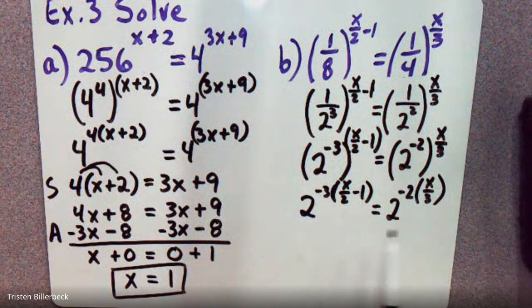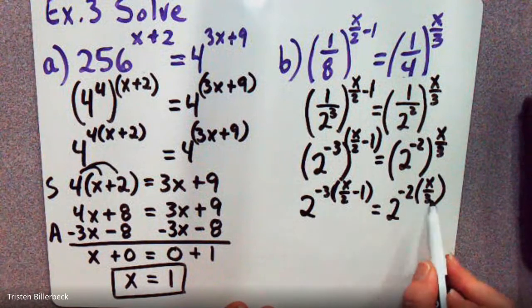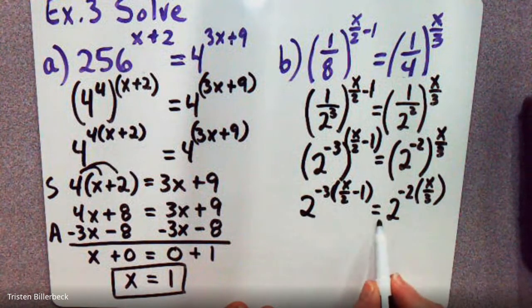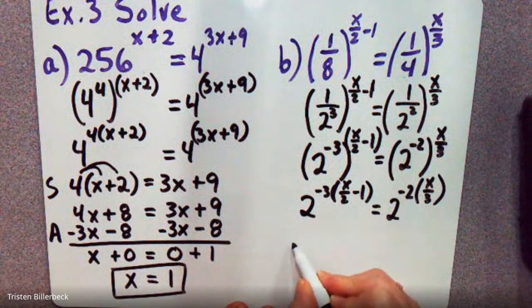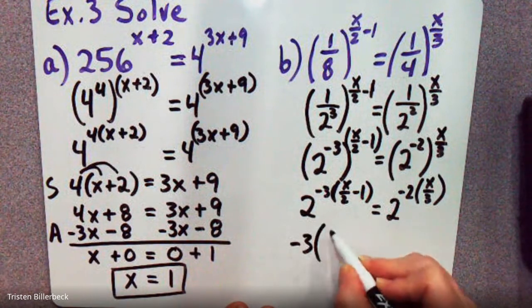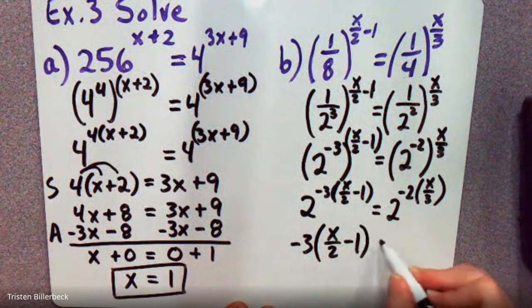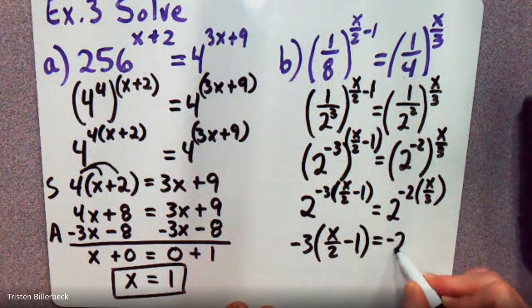Okay, so since I have the same base, I can make this an algebra problem now. So I don't need to write the bases. These exponents have to be the same for this to be equal. So I'm going to write negative 3 times x over 2 minus 1 has to equal negative 2.